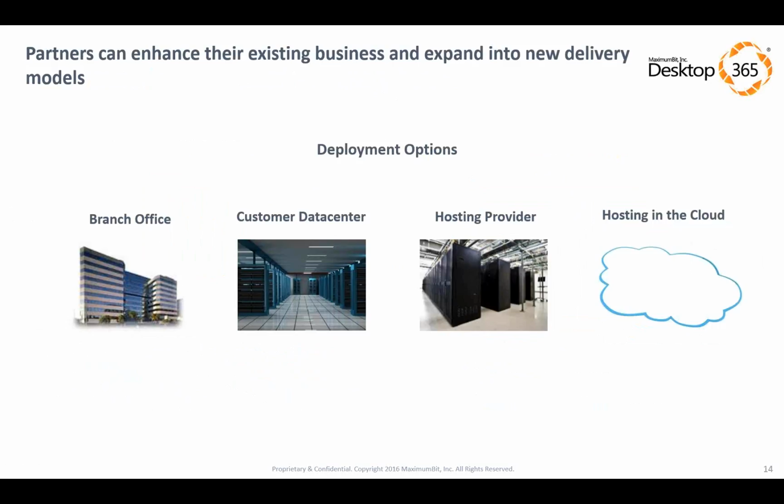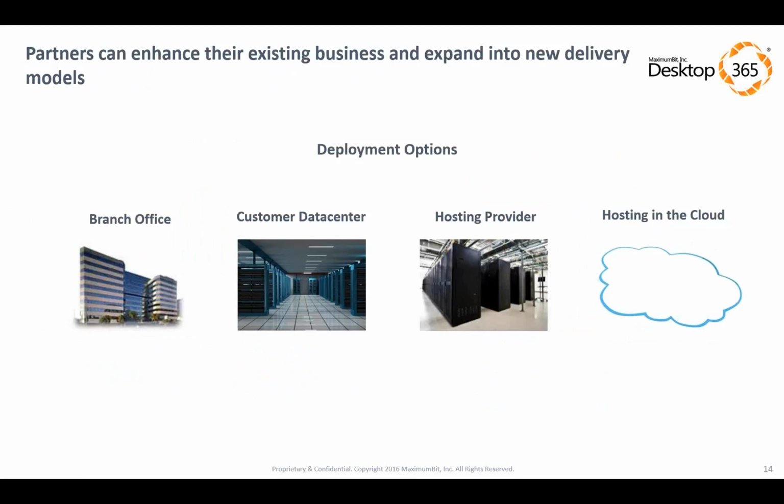Now, we also work with hosting providers or service providers. Some of them, in fact, provide white label services in turn using our solution to other partners. One option is when a partner would have their own hardware in a data center, and they can use our appliance model or maybe their existing infrastructure.